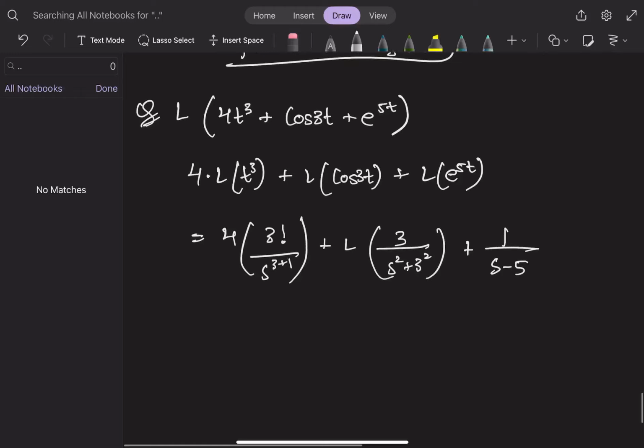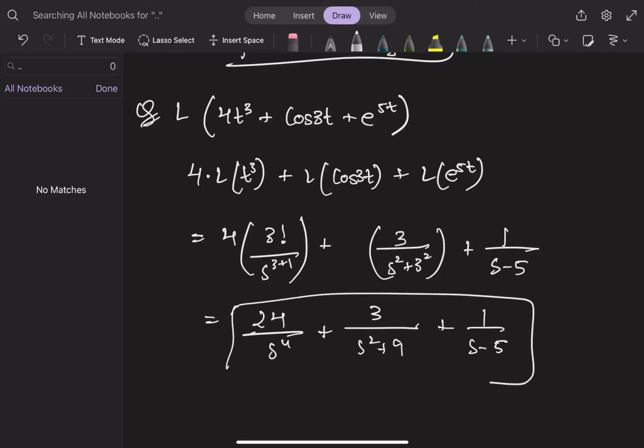So this becomes 4 times 6 is 24 divided by s raised to 4, plus 3 divided by s square plus 9, plus 1 upon s minus 5. This is the answer.